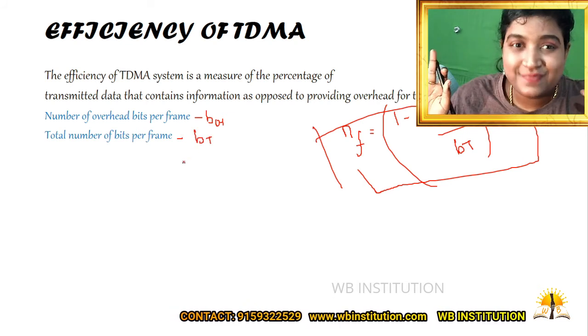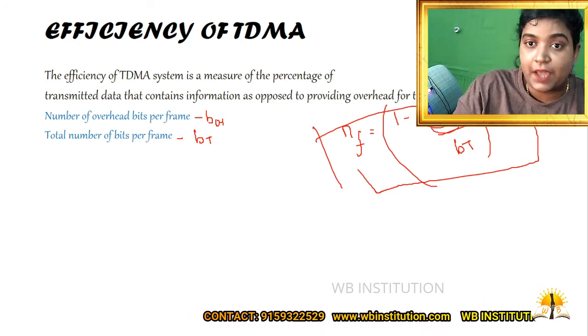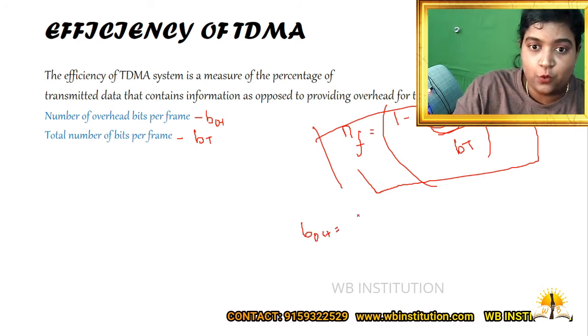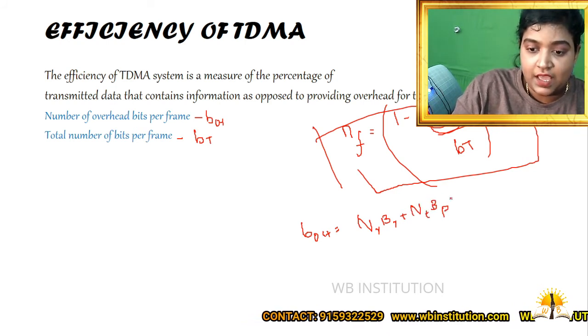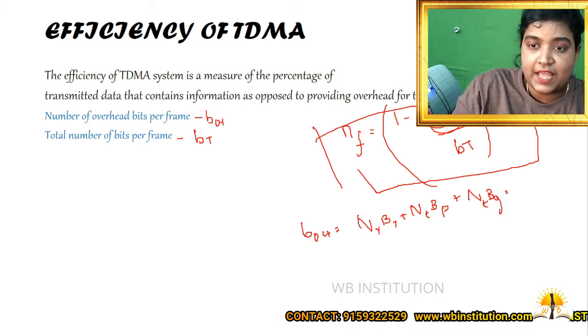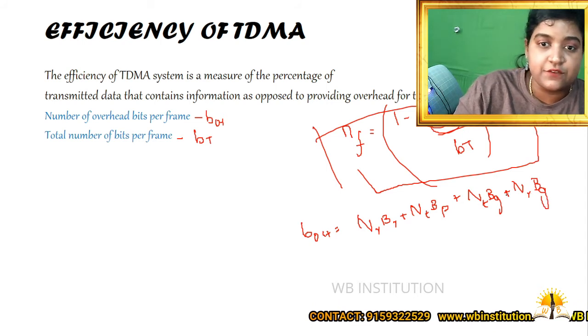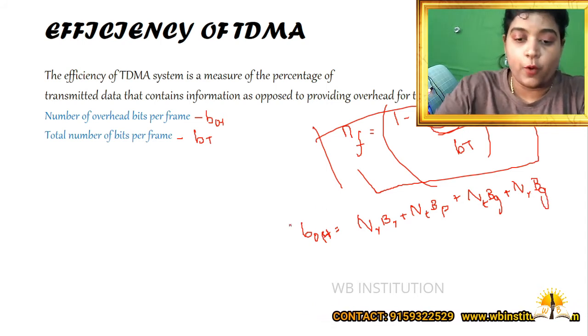Now, BOH can be calculated using a formula: BOH equals NR times BR plus NT times BP plus NT times BG plus NR times BG.